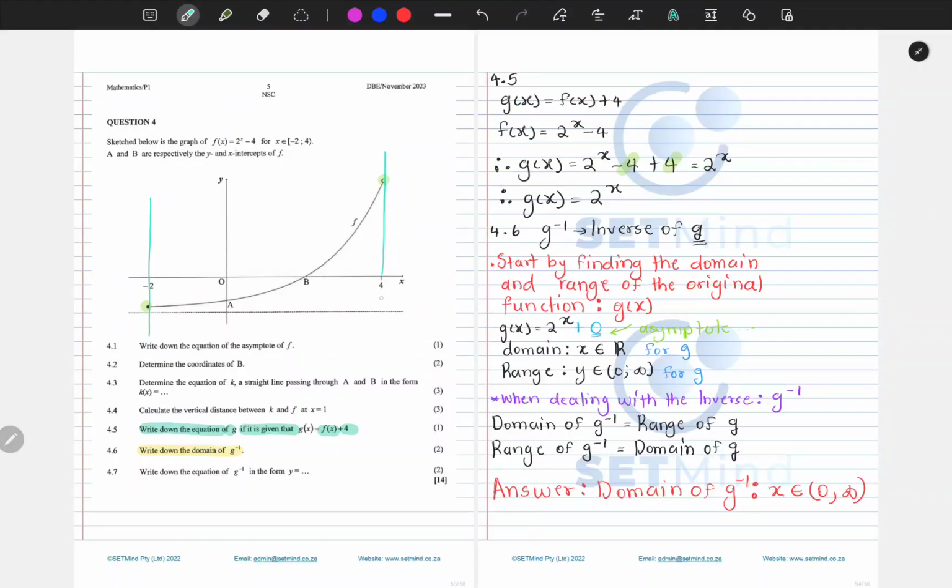So the original function is defined within these borders. So our answer for 4.6 will change slightly. Okay. So let me give it a shot again.